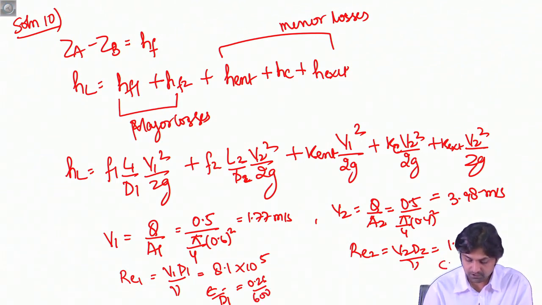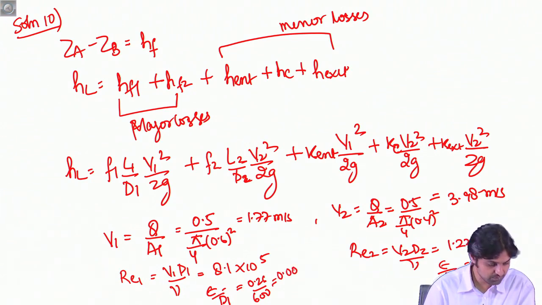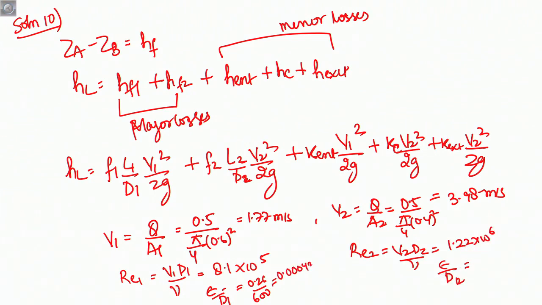and here epsilon by D2 is going to be, so this comes out to be actually 0.00043, and this one comes out to be 0.00065.